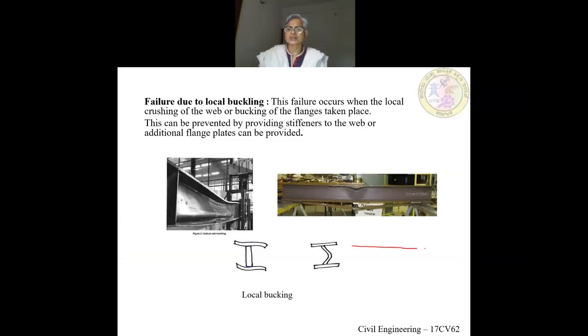The beam is continuing like this in both directions. And here the vertical stiffeners can be provided. You have studied plate girders in your previous semester. So we provide vertical stiffeners like this in order to avoid this web buckling.